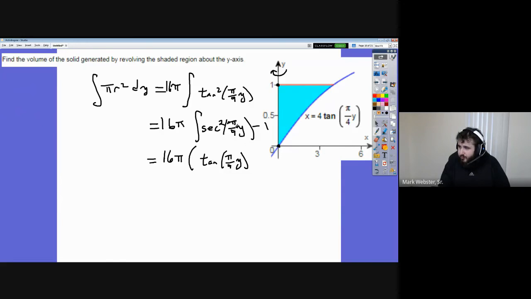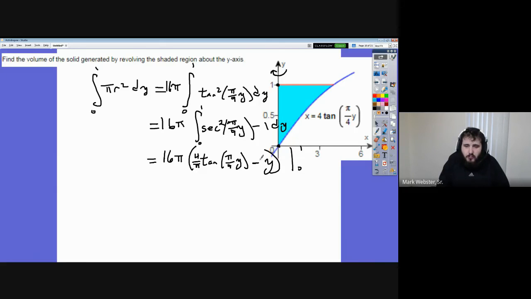And then since it's pi over 4 in here, we divide, so I'll put the 4 over pi right here. Minus y. And we are going from 0 to 1. Let's make sure to put the limits on here so that it is not sloppy, and the dy's, because I want to make sure that I'm modeling things appropriately.